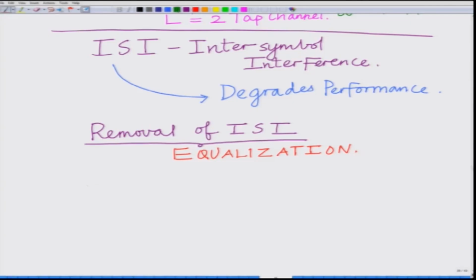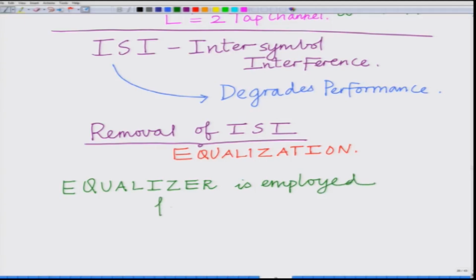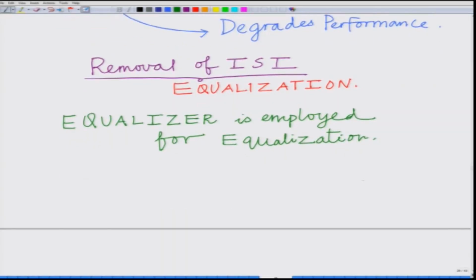The equalizer is basically the filter that is employed for equalization.